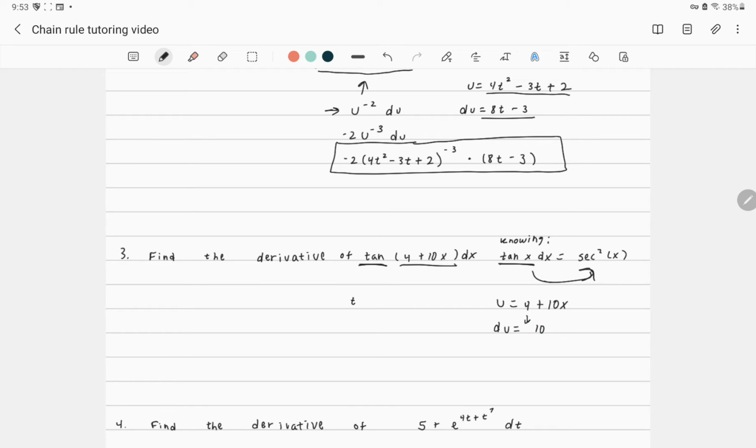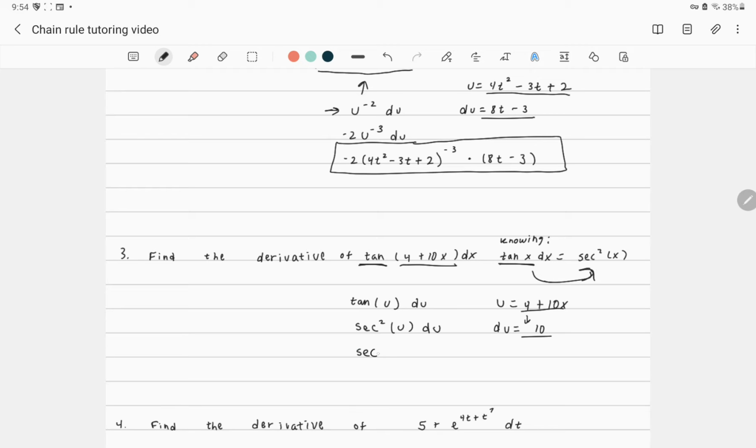So now, tangent of u du, and then we find the derivative of this, which is secant squared u du, and all you have to do from this point is what we've been doing up to this point, which is plugging in u and du.